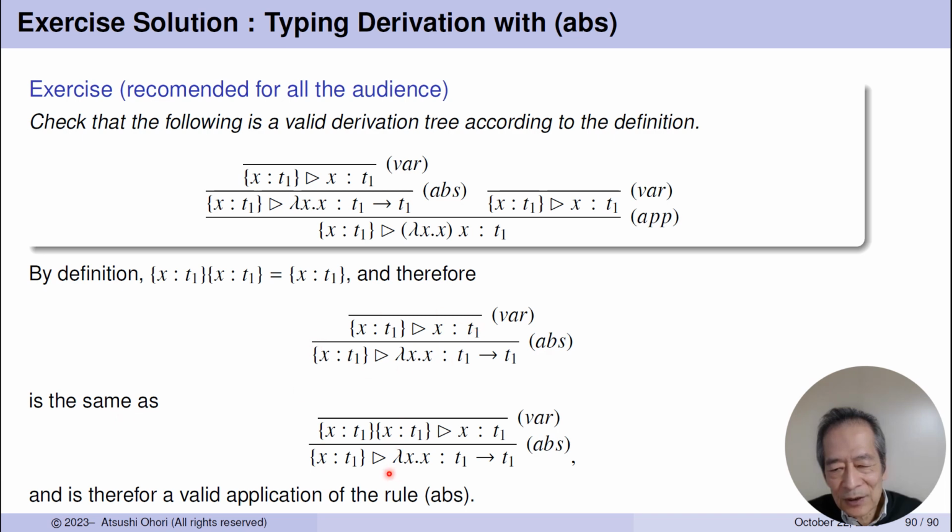This denotes the same tree as this notation, because this is the same as this one. And this application is a valid application of abstraction. So therefore, this is a valid application. So this is a valid derivation tree according to the definition, right?